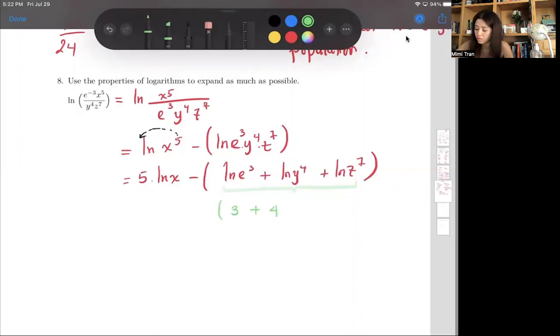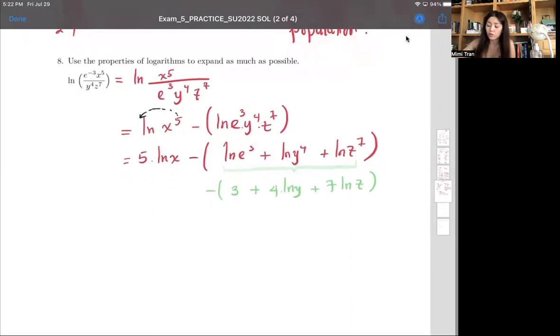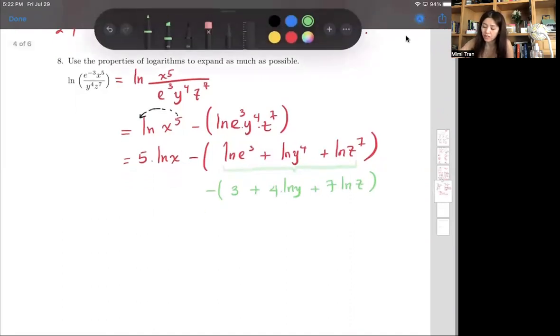Move the 4 to the front, 4 times ln of y plus 7 ln of z. Don't forget the minus, and now you can distribute the minus. That's why the minus is there. So equals 5 times ln of x minus 3 minus 4 ln of y minus 7 ln of z.